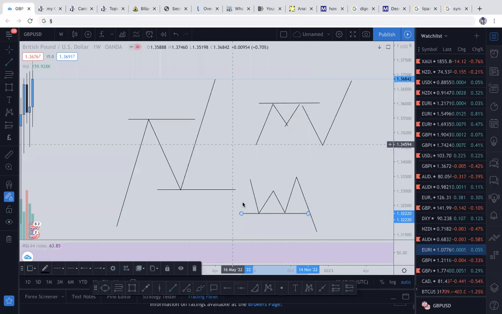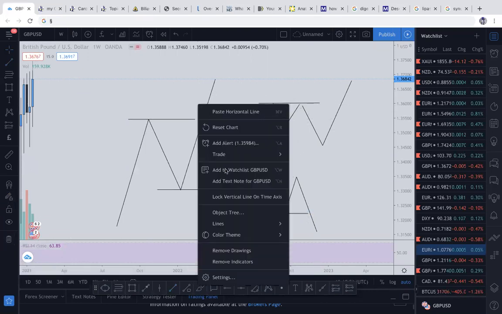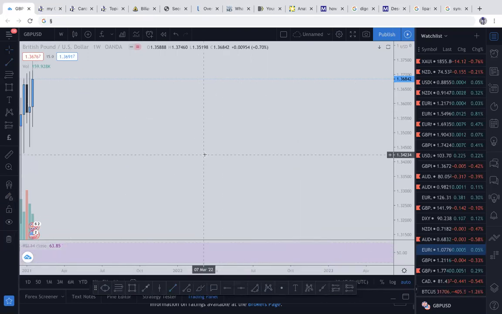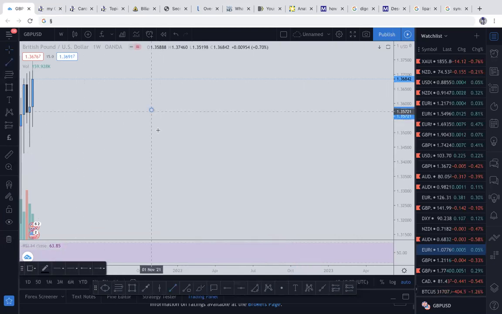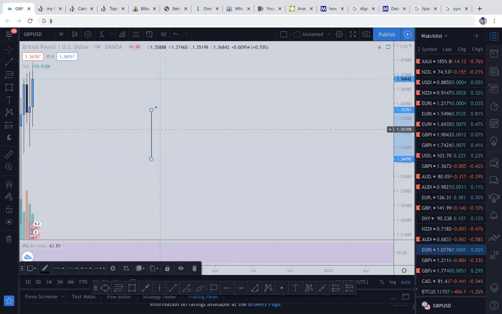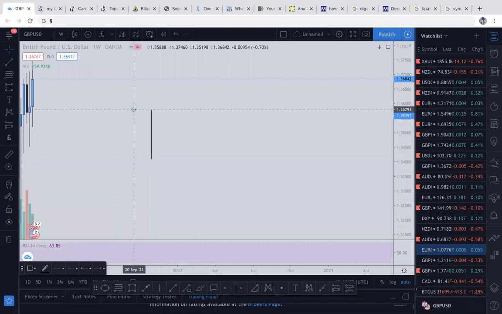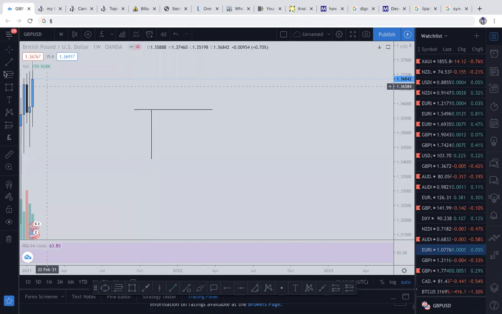I'm going to show you one more thing in terms of liquidity before we leave. So if I have a candlestick like this, and this whole candlestick is a daily candle, this area where the daily candle finished, there is liquidity sitting here.